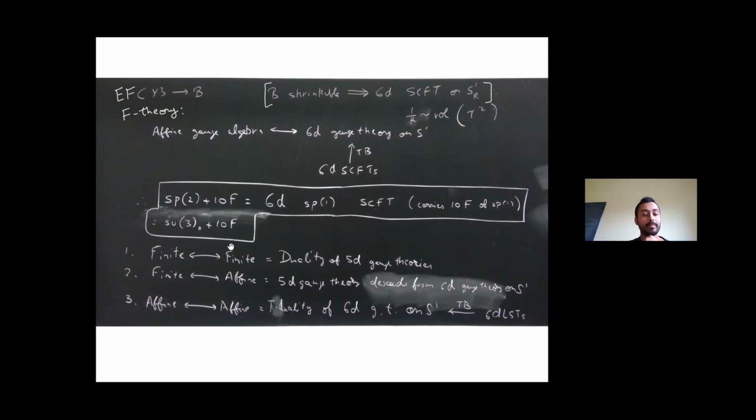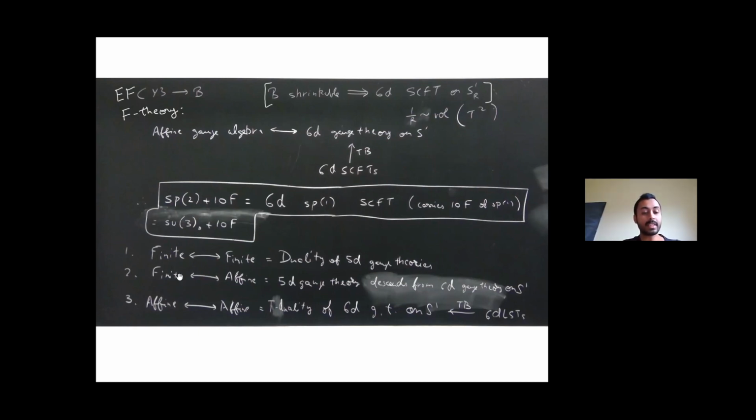Okay, so using these sorts of manipulations, we can have many possibilities. We have seen that if your intersection matrix is for a finite Lie algebra, you can perform some isomorphisms and go to another intersection matrix for a finite Lie algebra. This is what I'm referring to as duality of 5D gauge theories. So in this way, you can discover dualities of 5D gauge theories.